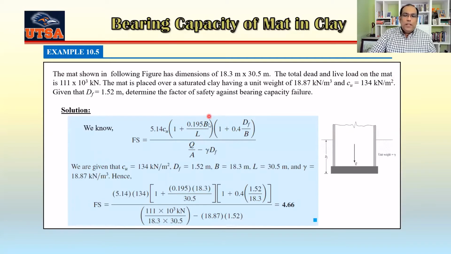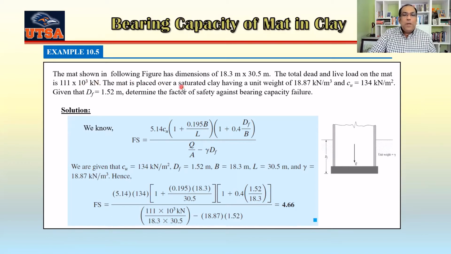Now this one is a problem from your book. You can see the mat shown in the following figure, which has a Df, depth of foundation, and the load coming here is Q. The dimensions are 18.3 meter by 30.5 meter. The total dead and live load on the mat foundation is 111 × 10^3 kilonewton.